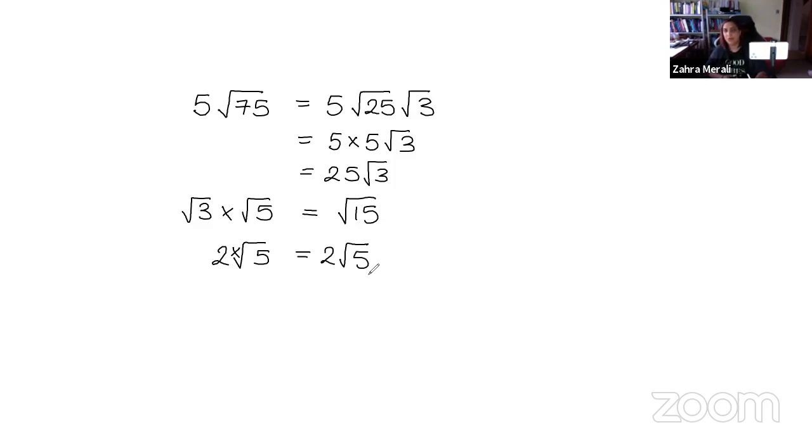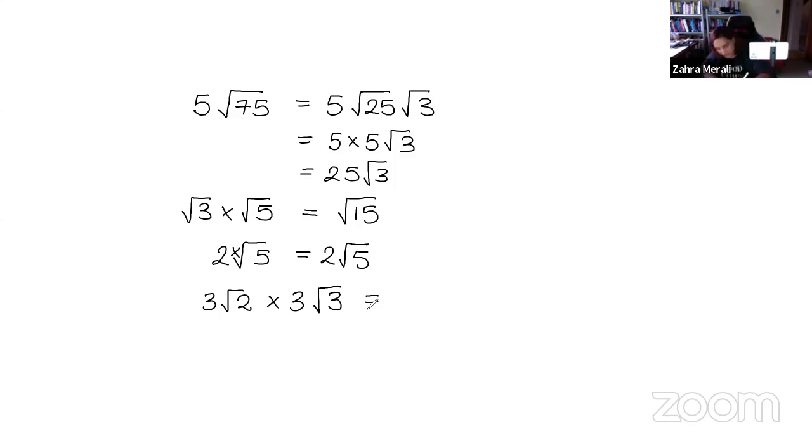Okay. What about if I have a mixture of non-surdy things and surdy things all together to multiply? So if I had, for example, 3 root 2 times 3 root 3, the thing to do first is to multiply together the non-surdy stuff.